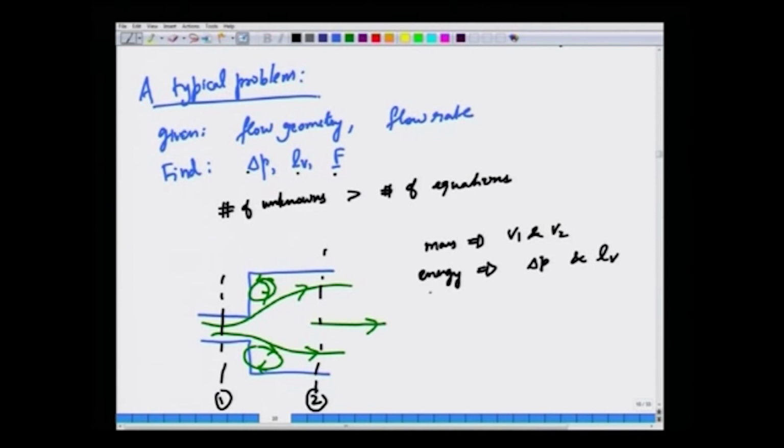But the momentum balance has an unknown, the force. That is also an unknown. Mass balance simply relates V1 and V2. So, given V1 we can find V2. That is the only job of mass balance. We have two equations, but three unknowns.